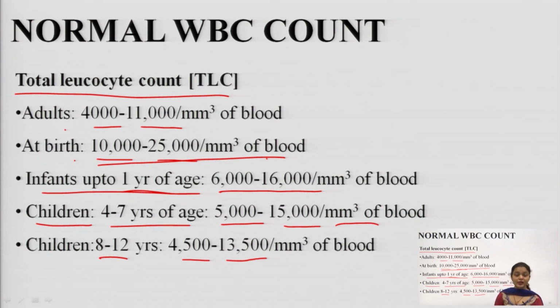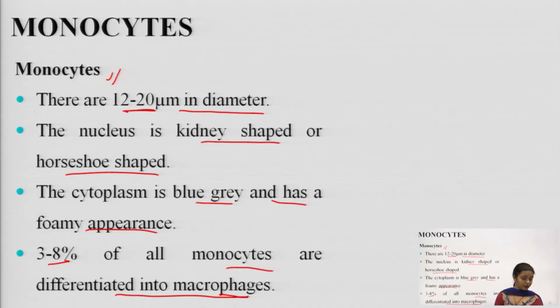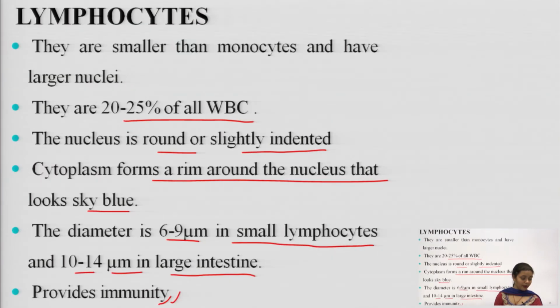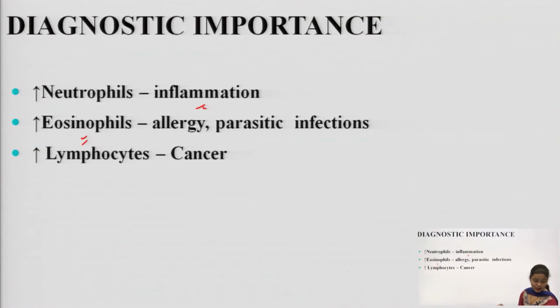So students, let's revise this session. We will revise from here because the WBC have granulocytes and agranulocytes.